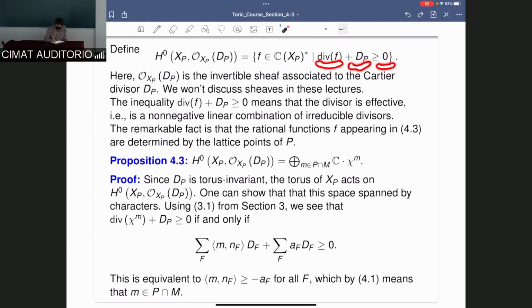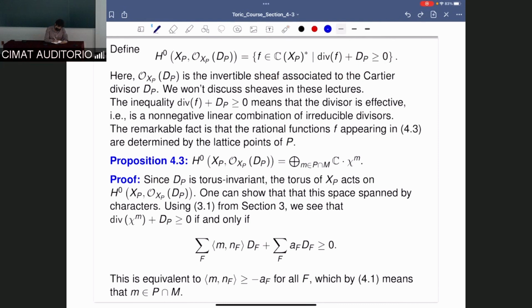Like this, greater or equal than 0 means coefficient by coefficient. Because what is this type of object? This object is like 7 times this subvariety, minus 20 times this other subvariety, plus 25 times that one over there. What we are saying is those numbers that I said, with some of them negative, are not negative. I mean, we are requiring that we put an f in this set if that happens.